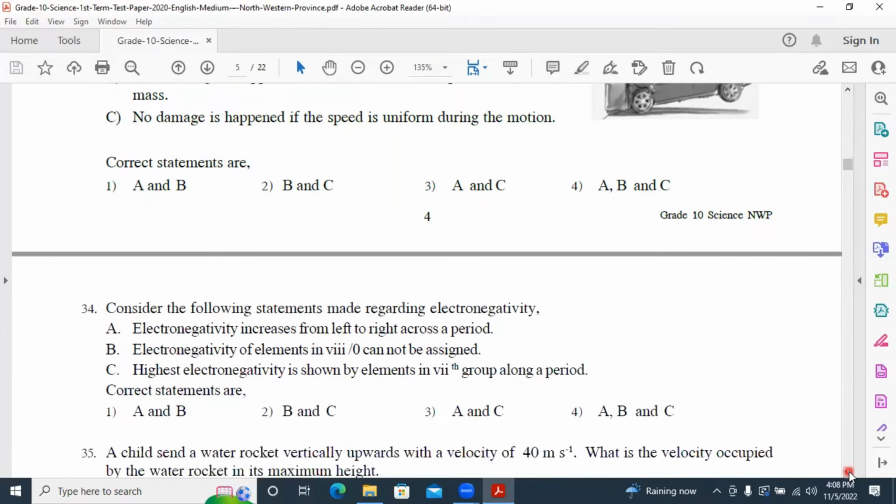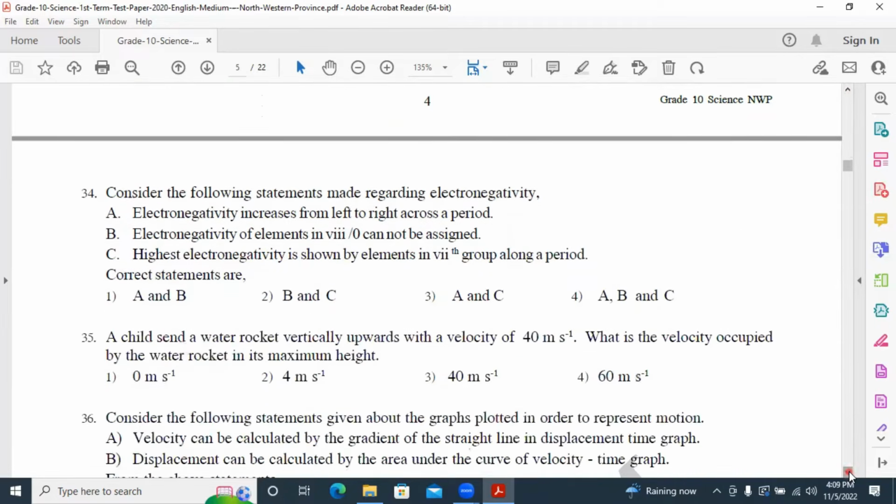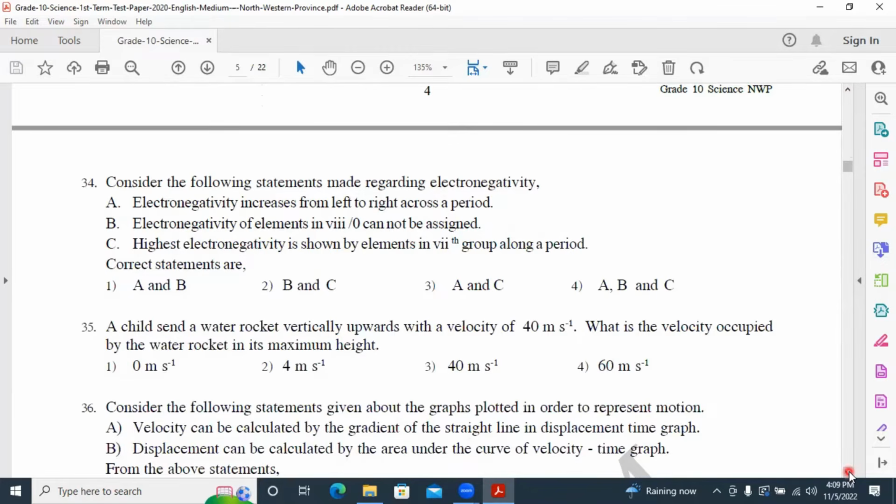34. Consider the following statements made regarding electronegativity. A. Electronegativity increases from left to right across a period. B. Electronegativity of elements in group 8 cannot be assigned. C. Highest electronegativity is shown by elements in the 7th group along a period.